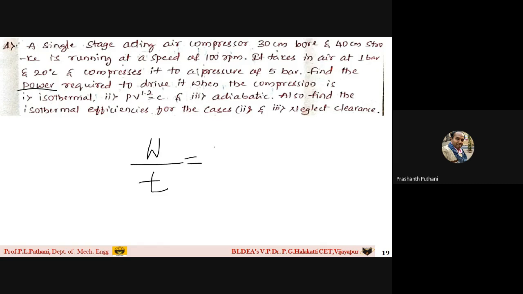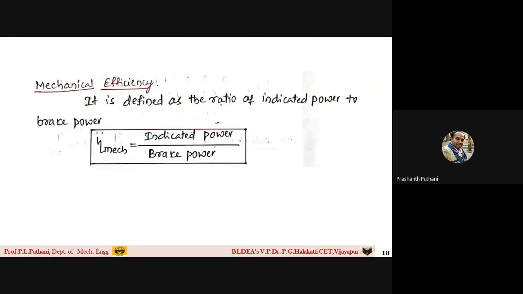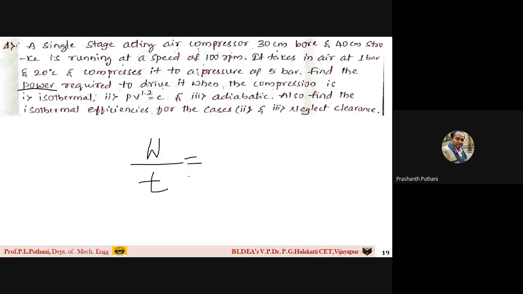Work done with respect to time is known as... The rate of doing work is what? It is power P.